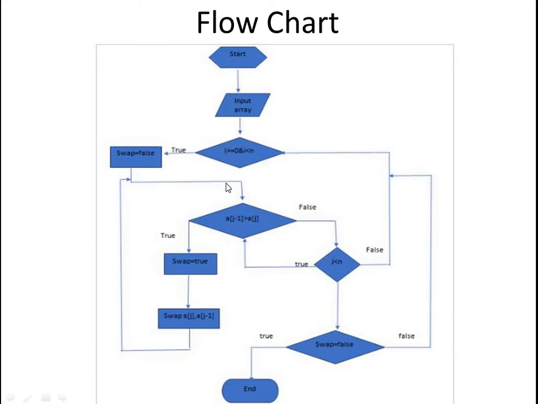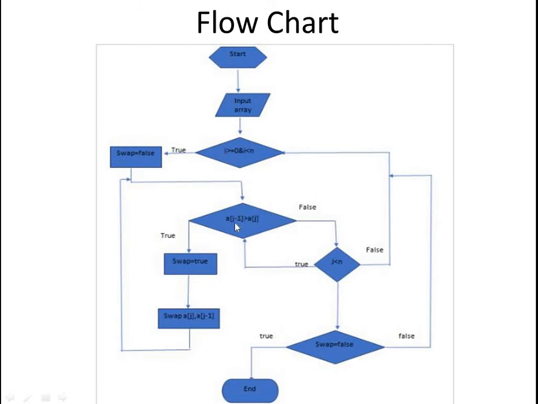If we consider j equal to i plus 1, and i is first set as 0, then j is i plus 1. So a of j minus 1 will be the 0th index, and a of j will be a of 1, that is, the second element.